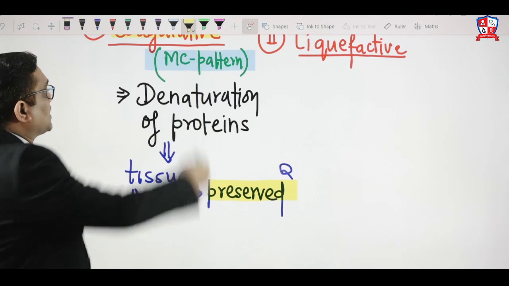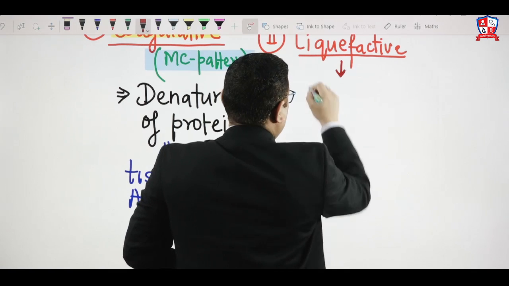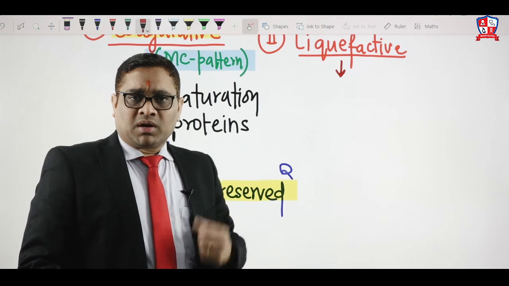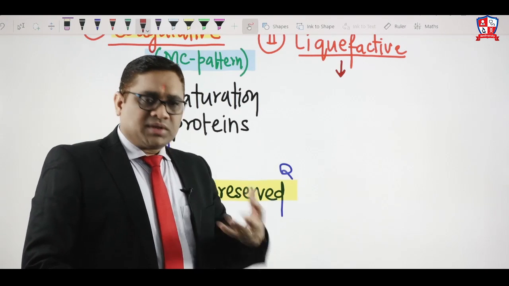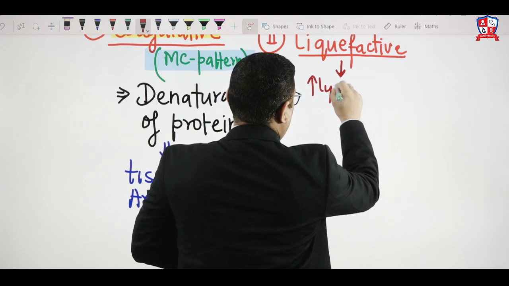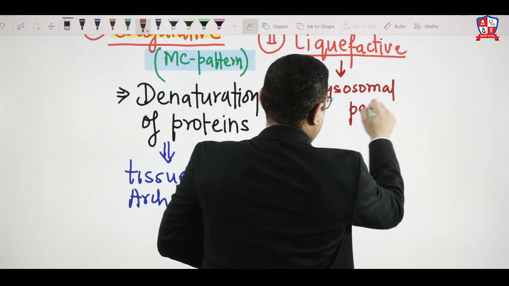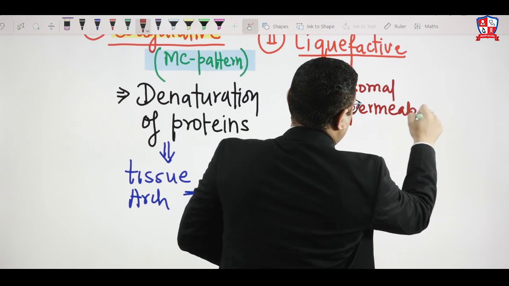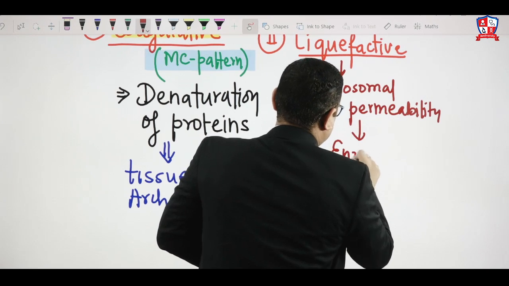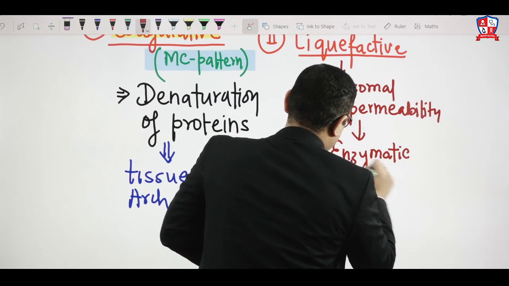Whereas liquefactive necrosis is because lysosomal permeability will be increased, and due to increased lysosomal permeability, enzymes will leak out. So there will be enzymatic damage of the cell.